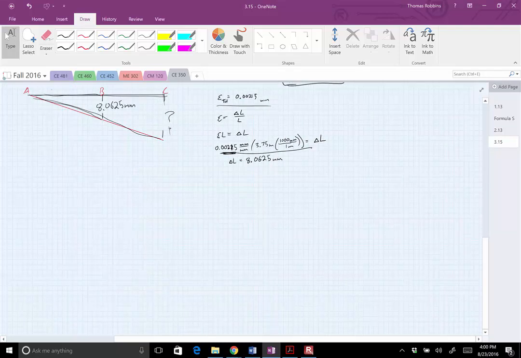Let's figure out this angle here, we'll call it theta. The distance between A and B is known, which is 1.75 meters.